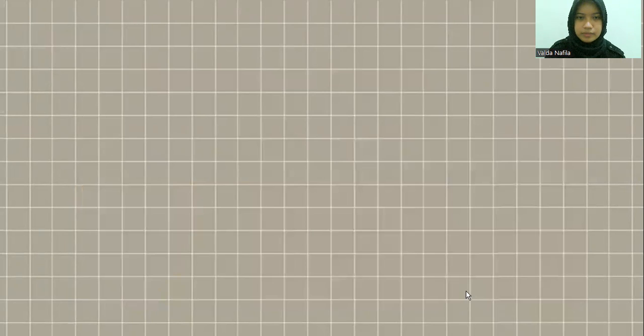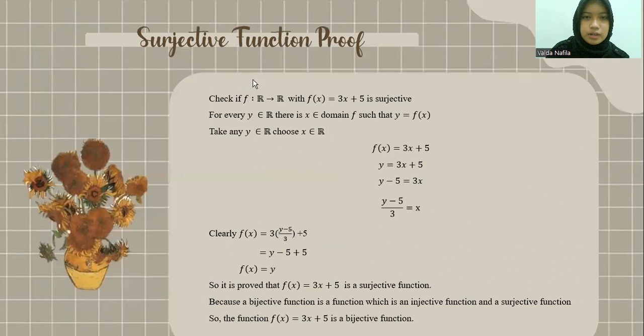Next. Surjective function proof. Check if f: real to real with f(x) equal 3x plus 5 is surjective. For every y element real, there is x element of the domain of f such that y equal f(x). Take any y element real, choose x element real.